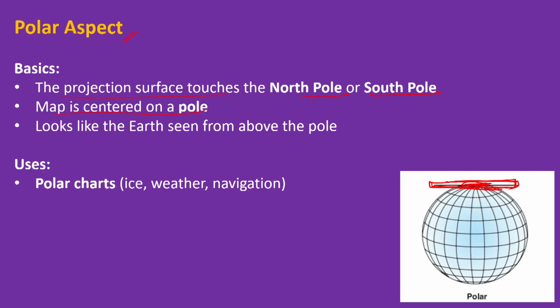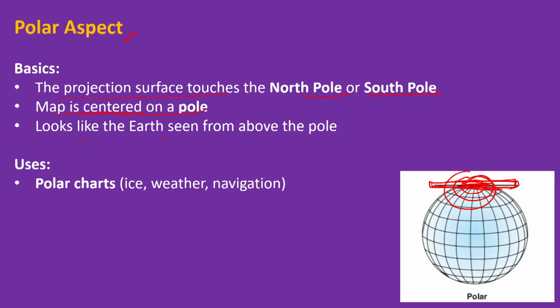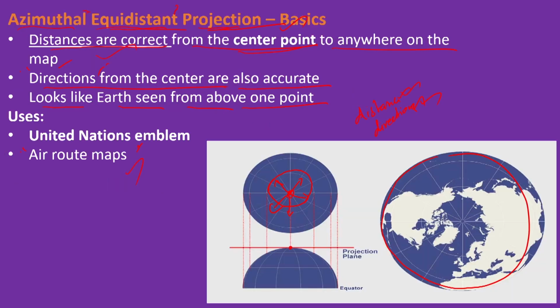You have chosen this point, then the map is centered on the pole. The map is always centered on the pole, and in and around that central point you can have accurate results. It looks like the earth seen from above the pole. If you see the earth from above the pole, the same thing you can see here. Look at this picture, you can have this view. We are seeing the globe in an aerial view.